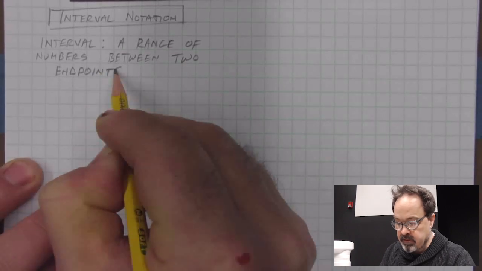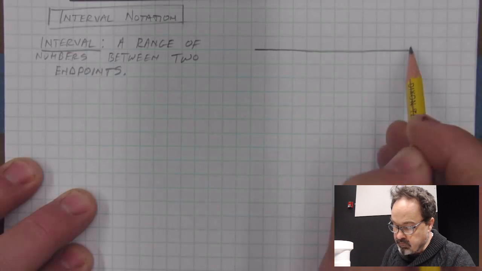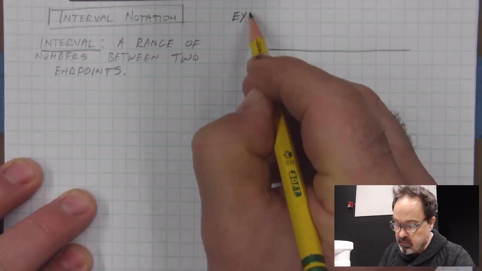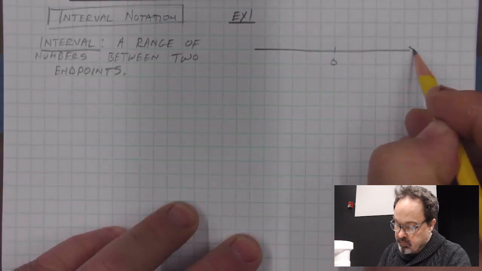We have seen intervals in the forms of graphs on a number line. A number line is a graph of one dimension.